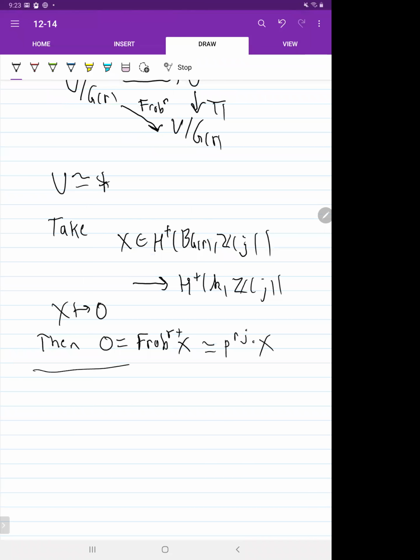So the goal of this talk, or one of the goals, is to consider motivic cohomology with Z/p coefficients.